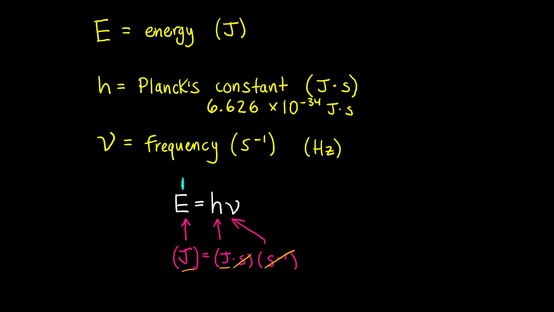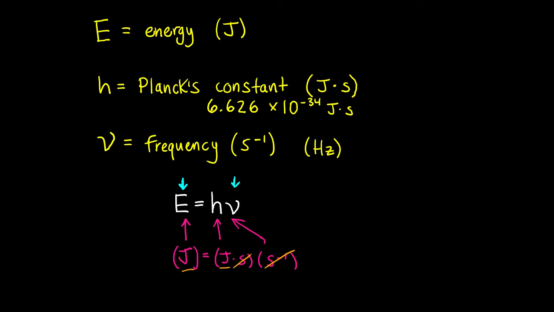Importantly, notice how energy and frequency are on opposite sides of a constant, which is h. That indicates that frequency and energy are directly proportional, meaning that as the frequency of a wave increases, so does the energy that it carries.